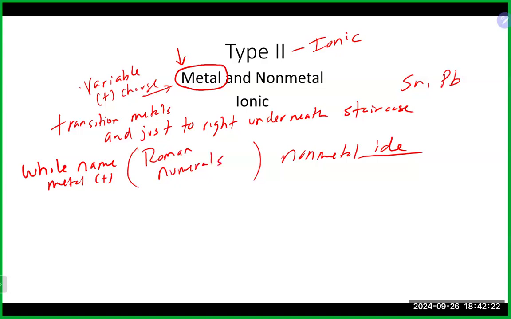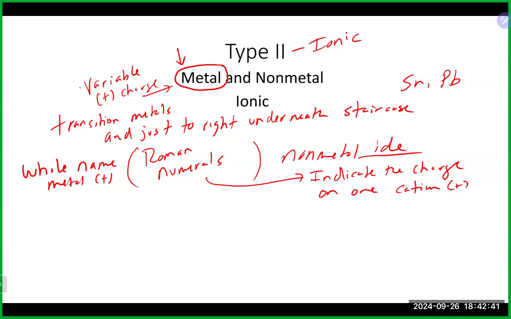And we use Roman numerals to indicate the charge on one cation that you pull out, one positive guy.